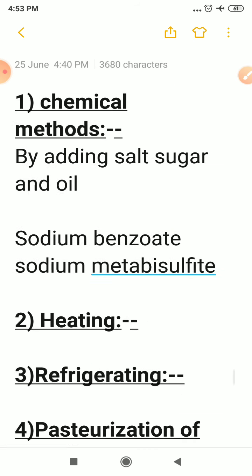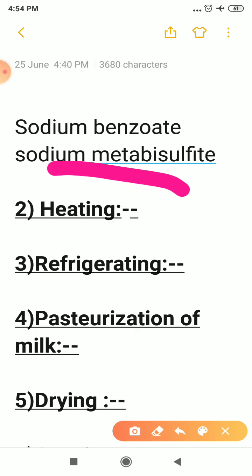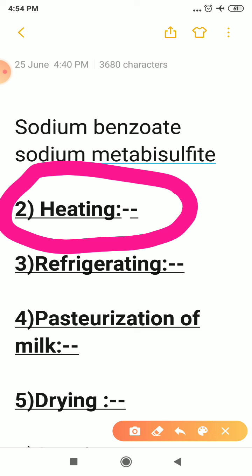The second method of food preservation is heating. We heat our cooked food from time to time to preserve it for longer durations. For example, by heating milk, we can keep milk for a longer duration.